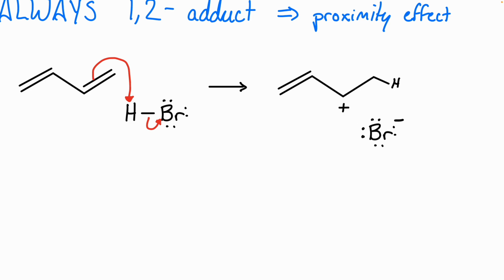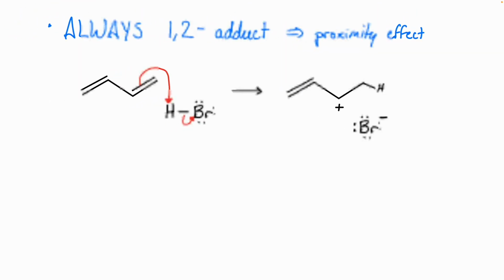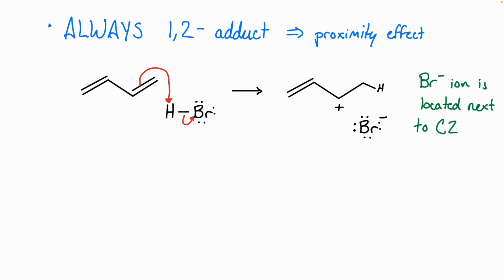All right? So this proximity effect is quite simply that that bromide ion is located next to that C2 with no energy to travel.